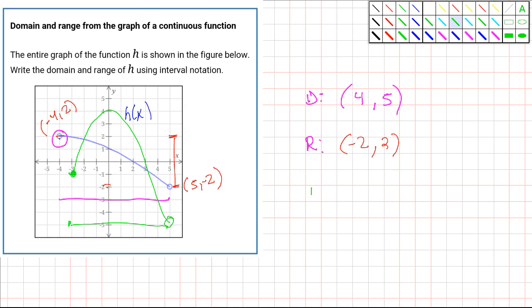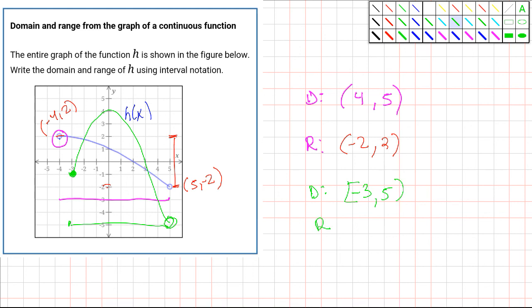Then we check whether we should have a bracket or parentheses. At x equals -3, we have a closed circle, so we put a bracket. At 5, we have an open circle, so we put a parentheses.